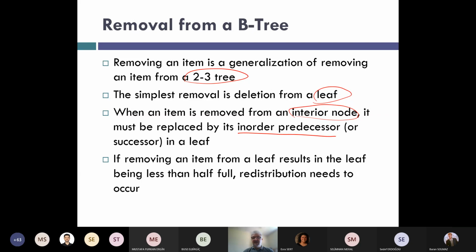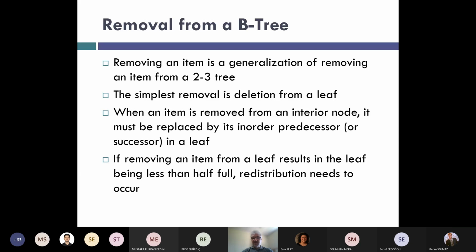So we perform the removal from a leaf in turn. Okay, so removal from an interior node also results in removal from a leaf, right?